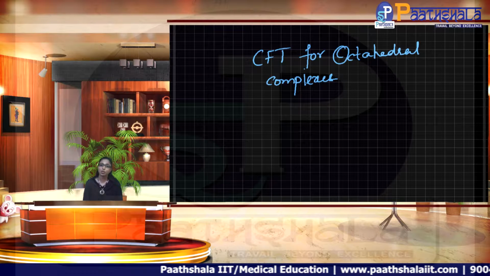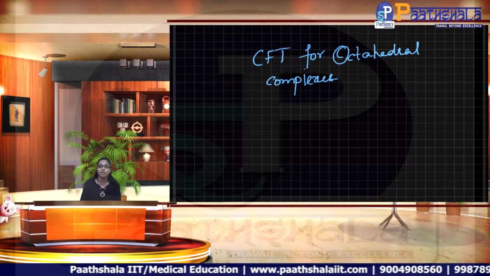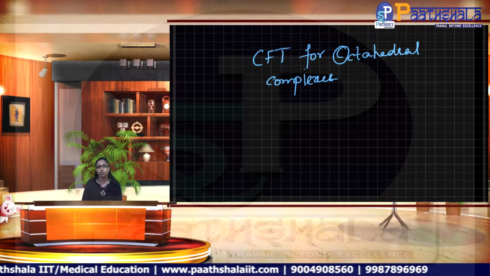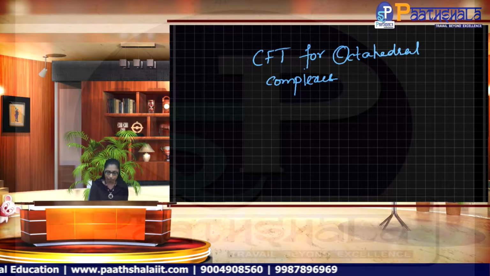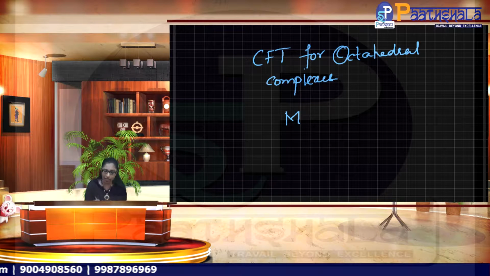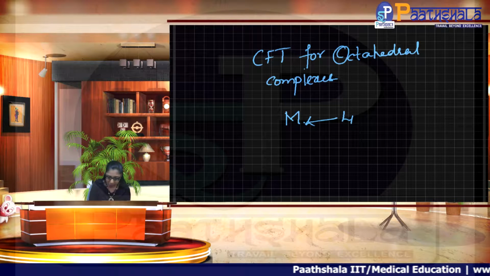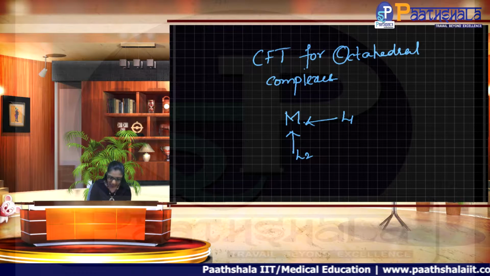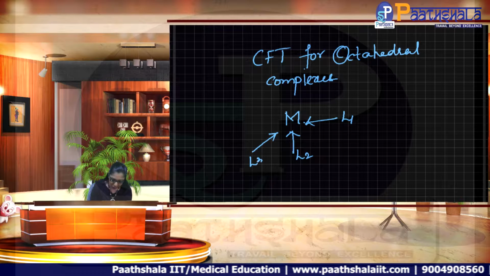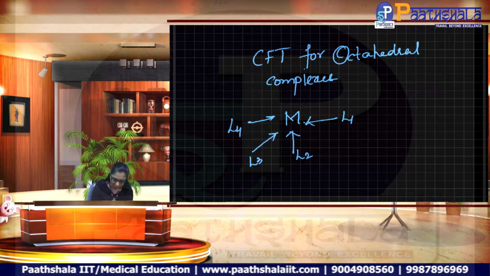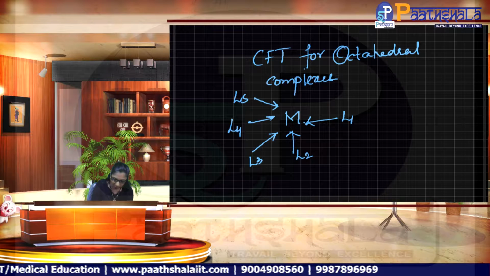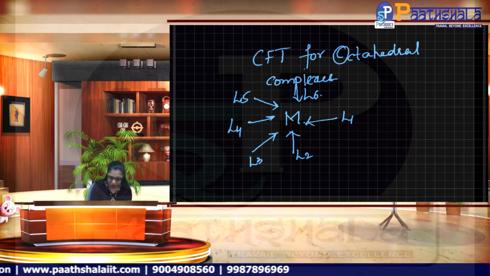From the name itself, it is very obvious that the octahedral complexes have 6 ligands surrounding the central metal atom. Now, let us consider that this is our central metal atom. It will have 6 ligands that would be willing to donate their lone pair of electrons to this metal atom. So, let us say these are those ligands: L1, L2, L3, L4, L5, and L6.